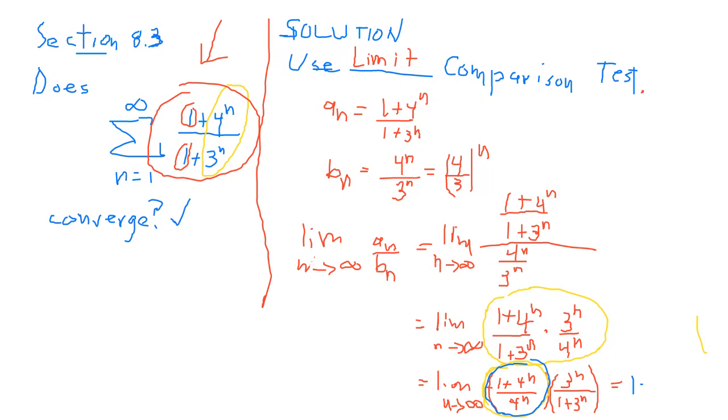Very good, because the 1 isn't going to affect it as n is large. What about 3 to the n divided by 1 plus 3 to the n? That goes to 1 also. So you get a 1.